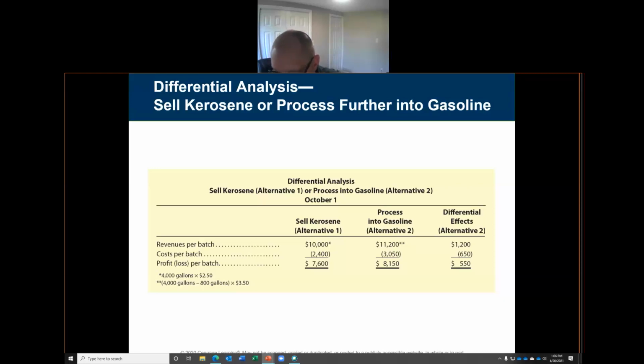That's $650 difference. The profit, 7,600 from kerosene, 8,150 for gasoline, gives me a difference of 550. So based off this differential analysis, I would select to process it further to gasoline because my potential profit would be higher by $550.